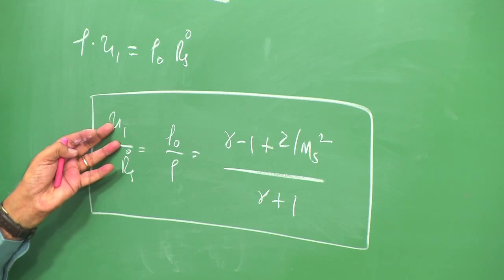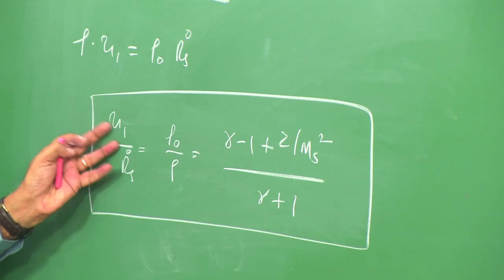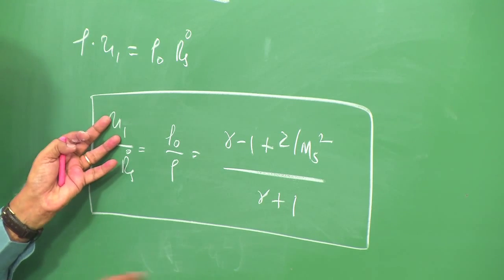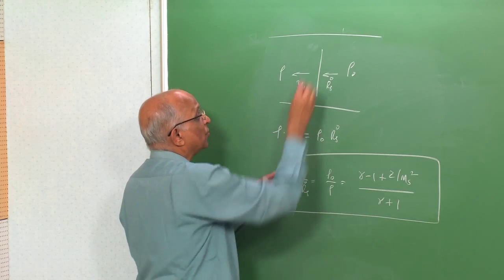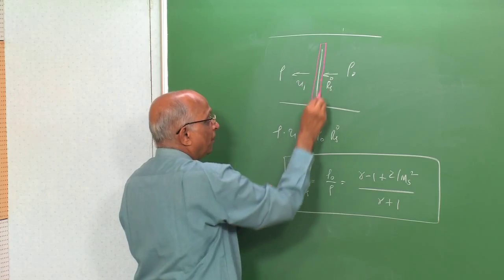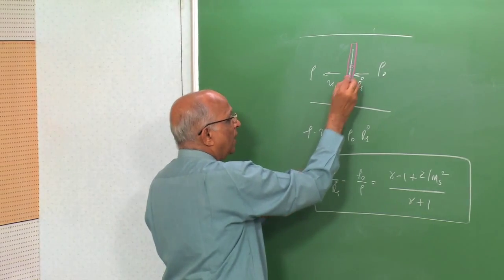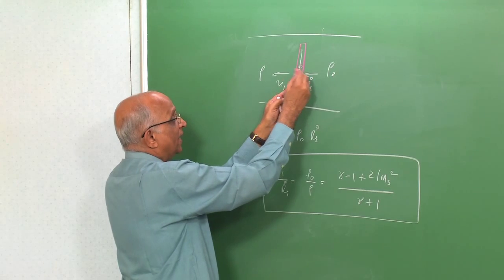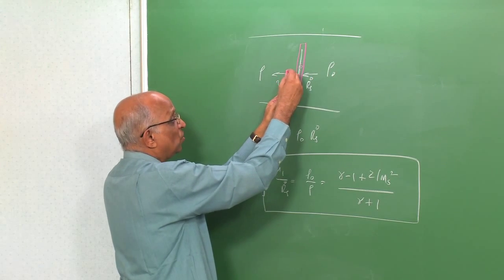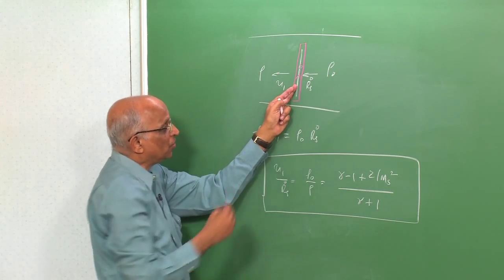But we must remember one thing: u 1 is the velocity of the gases in the frame of reference of the shock being kept stationary. That means I sit on the shock, and when the shock is not moving but the gases are moving forward, I see the velocity of the gases to be u 1 going away from the shock.